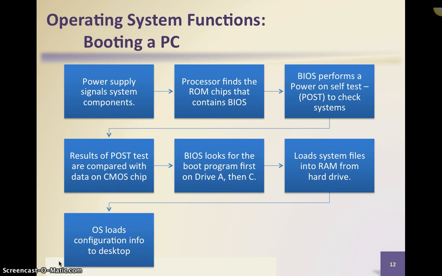So we go and look for that boot drive. The boot drive is generally on your hard drive. Hard drives are very large, and we do what we call partitioning, which means we divide the hard drive into different partitions or segments. One segment in particular, generally called the A drive, is where the boot information is stored.